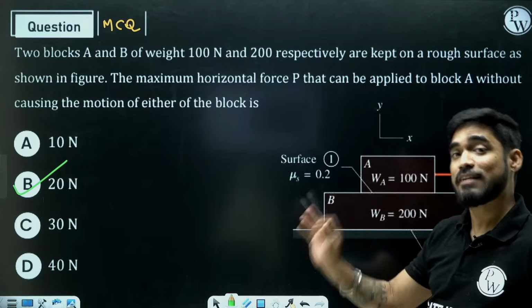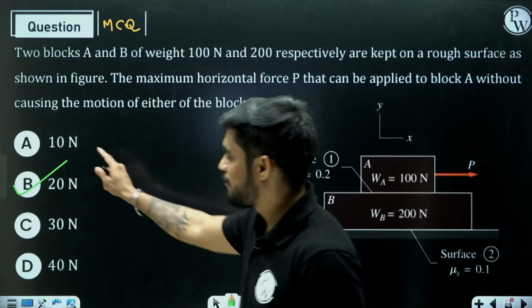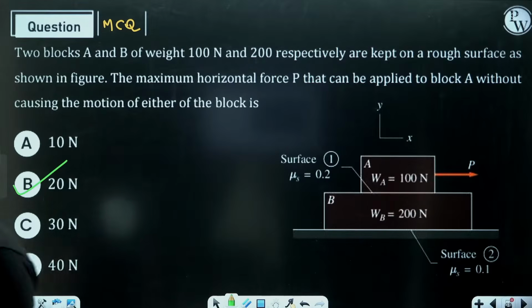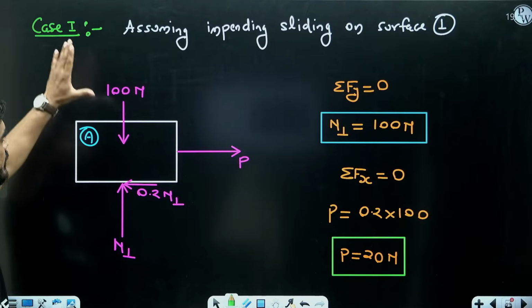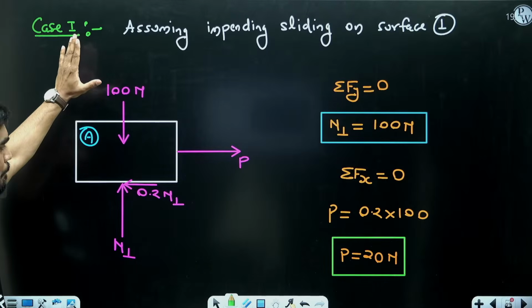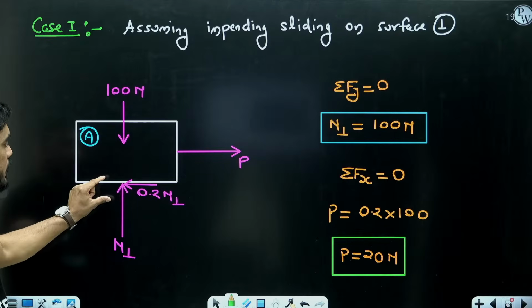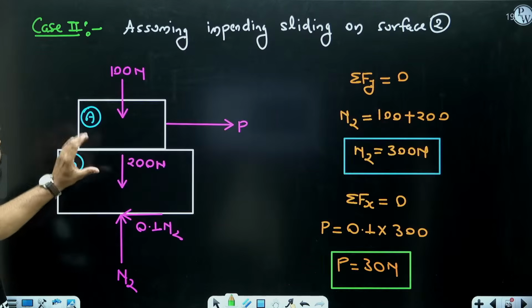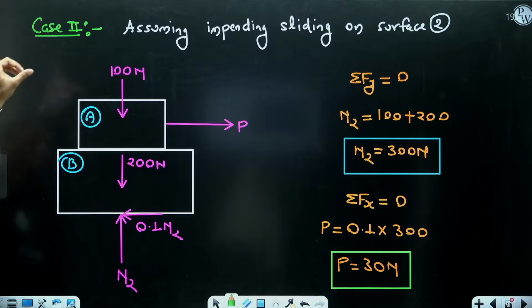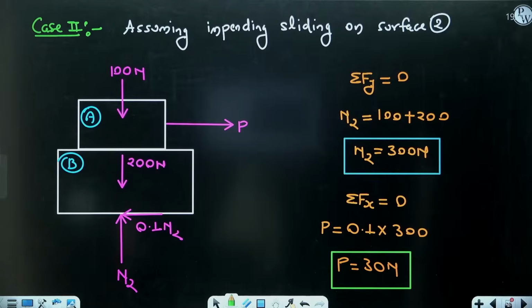So maximum we can apply is 20 Newton. Do you understand this beautiful question where we have to consider both cases? Case number 1, impending sliding on surface 1, and case number 2, impending sliding on surface number 2.